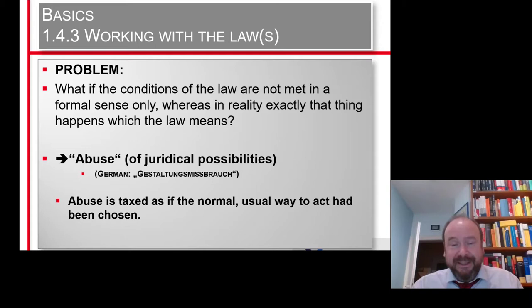Yeah? So tax abuse is not a criminal offense, it is just taxed as if you had chosen the straightforward normal way. Naturally, from time to time, there will be discussions with the fiscal administration if the way you chose is indeed the same thing materially which is named in the law, or if it is really something different.